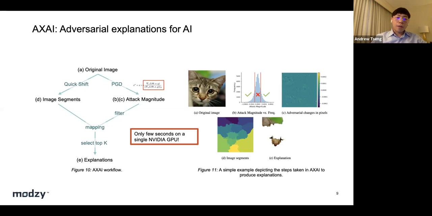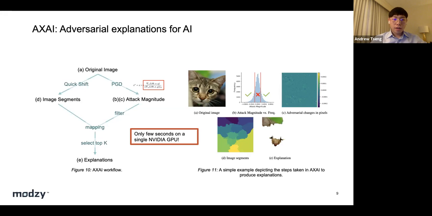At the same time, we also need to segment our image into image segments. We use a tool called the Quick Shift Image Segmentation tool, which simply segments the original image into different pieces. And then finally, we arrive at the mapping process. We have the image segments and the filtered attacks, and we stack them together.